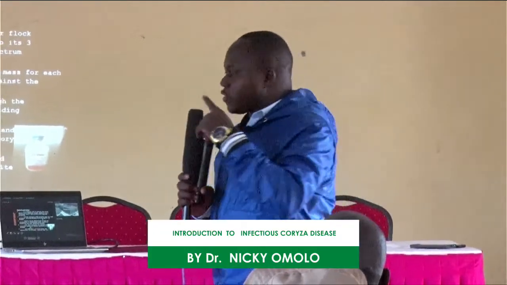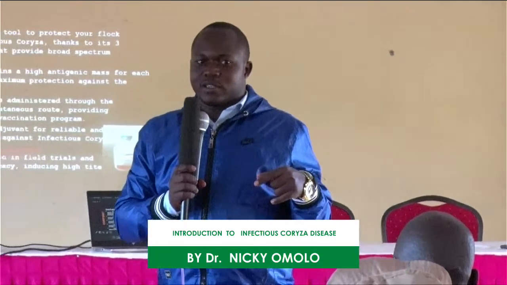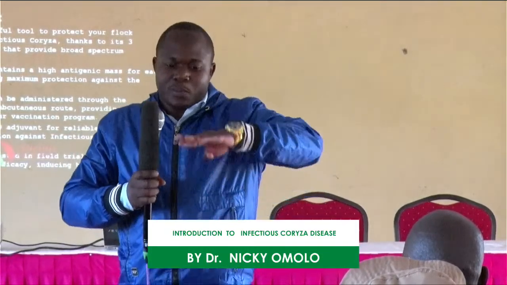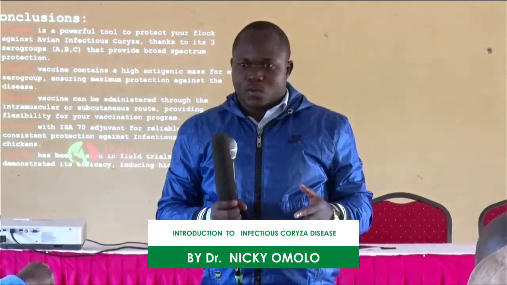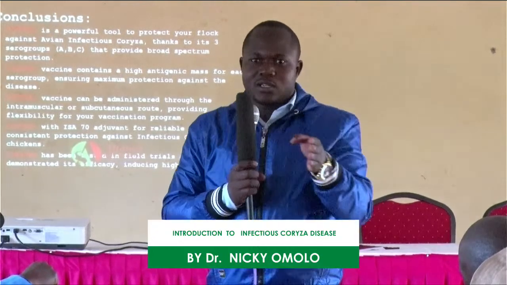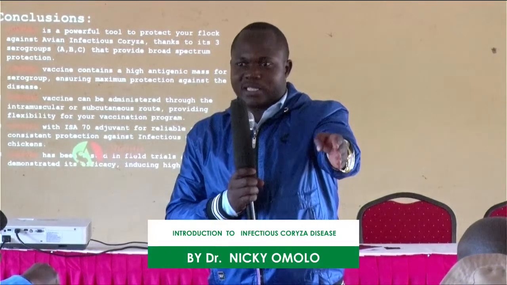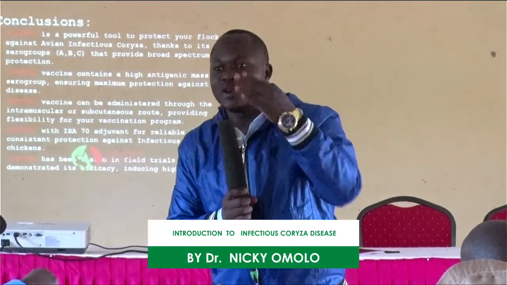So when doing this vaccination, where is the sciatic nerve located? If the chicken is standing in the posterior posture, maybe assuming that these are the 2 feet, where is it located? On what aspect? On the medial aspect.